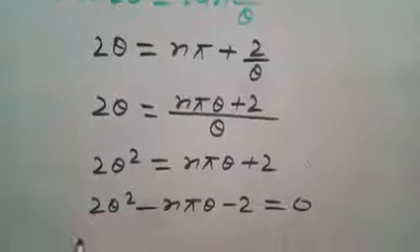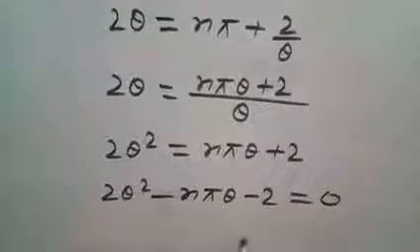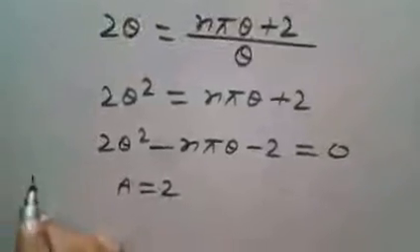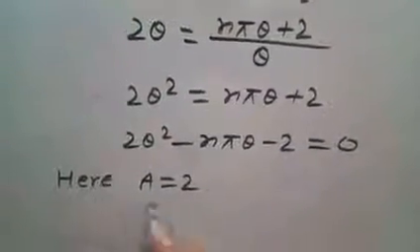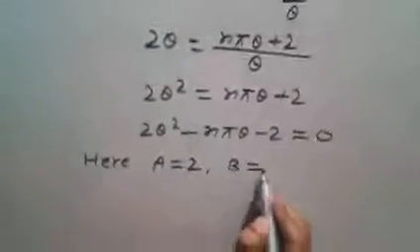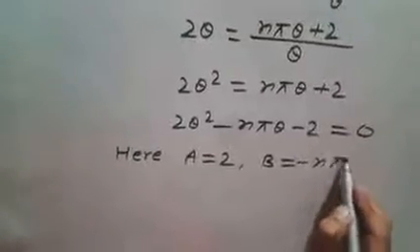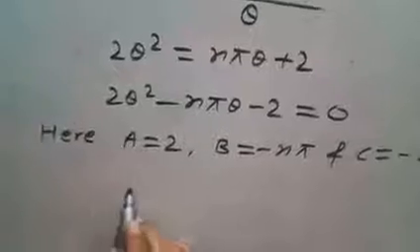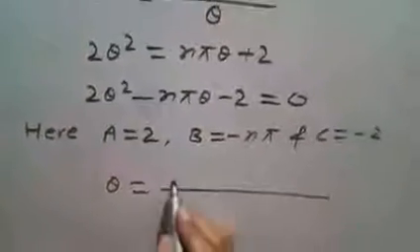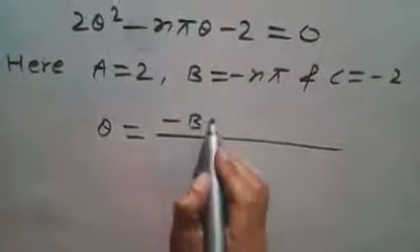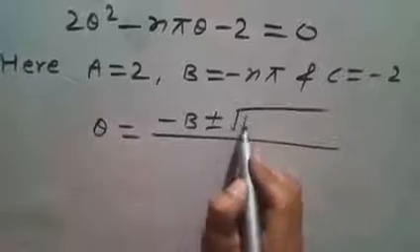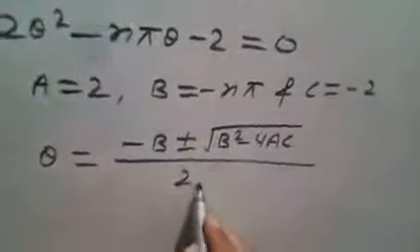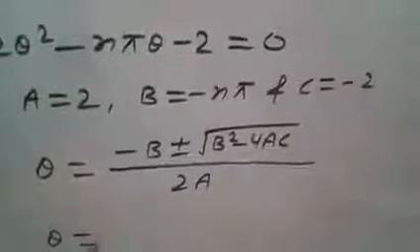Now here we are going to solve this by the Sridharacharya method. So we can write a = 2, b = -nπ, and c = -2. The formula is θ = (-b ± √(b² - 4ac))/2a.